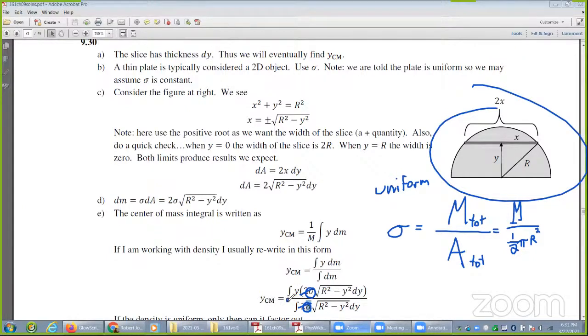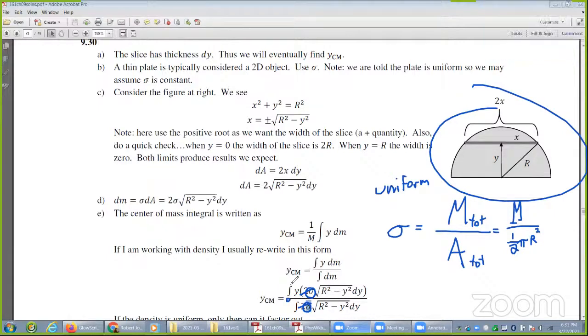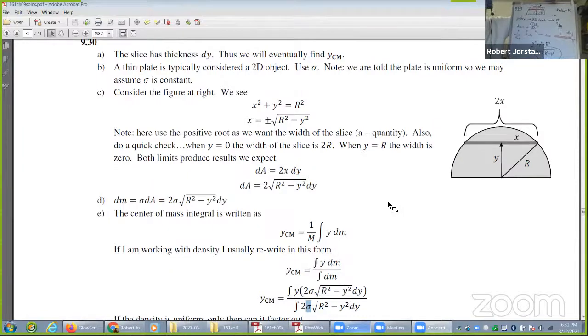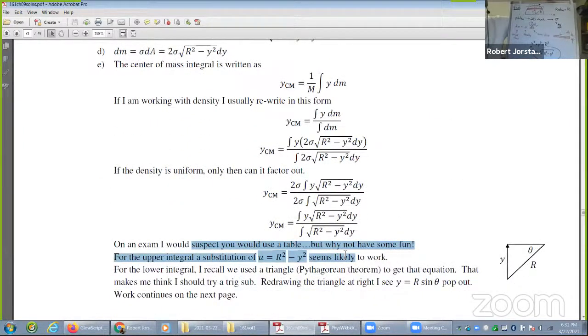And what's the largest value that makes sense based off that picture we drew? R. Yeah, nice. Is that good for the limits? Does that make sense, I mean? So let's go down into here. And on an exam, I'd give you a table for that ugly mess. But for this class, I'll just say use Wolfram Alpha if you can't figure it out.